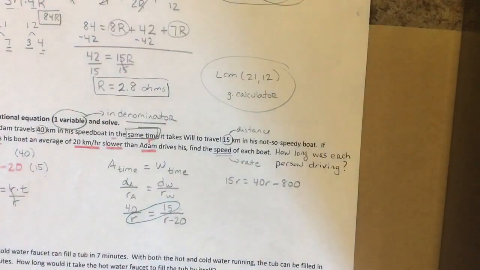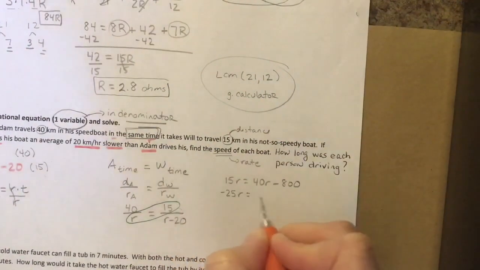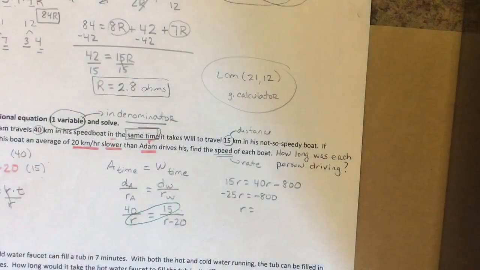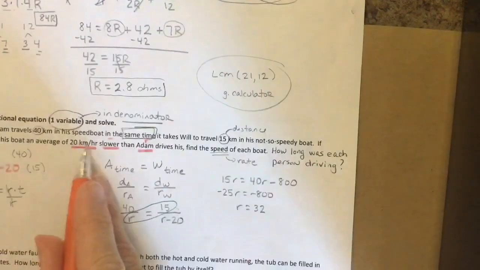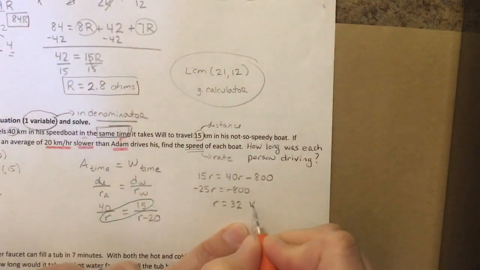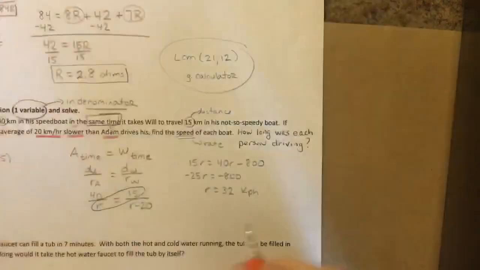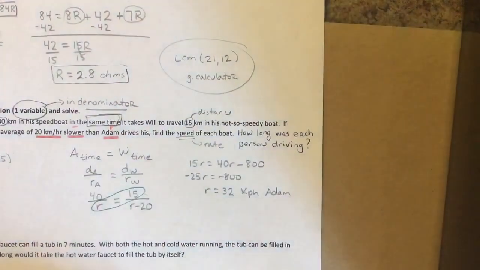Then I'll subtract, I get negative 25r equals negative 800. And you know we can't have a negative rate, but what's a negative divided by a negative? A positive, you get 32. And a rate is kilometers per hour. And that rate is for Adam, the faster guy.